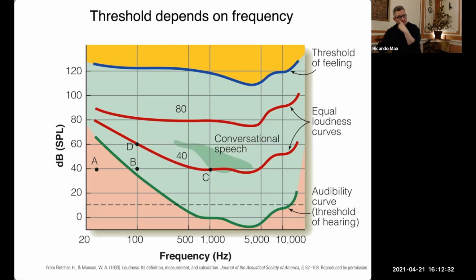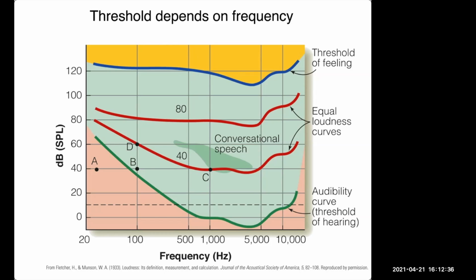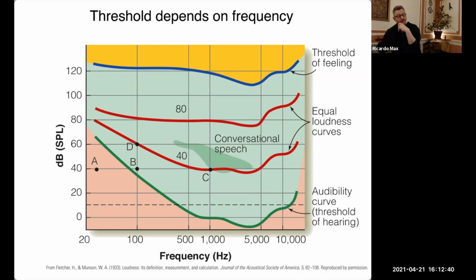Equal loudness curves. Even though the decibel is different, we feel equal loudness? Yes, we perceive them. They have different pitches. They sound like different sounds. But if you ask a participant, the participant will perceive them as the same loudness. It's funny. It's like two different sounds.